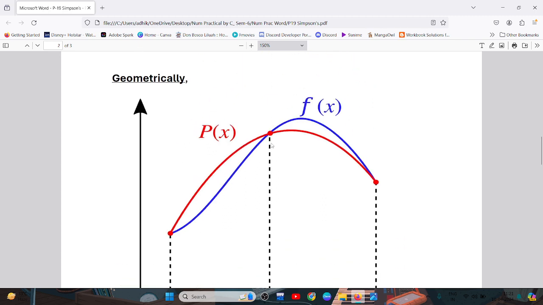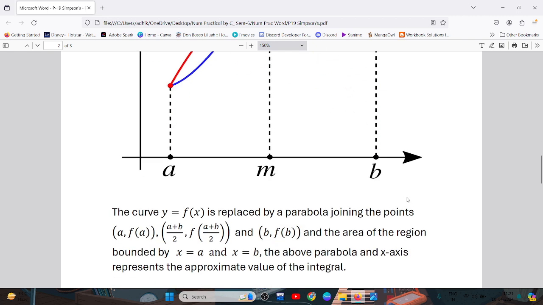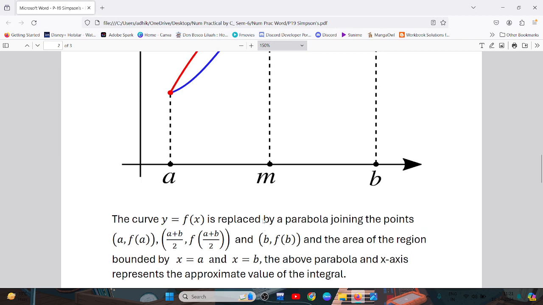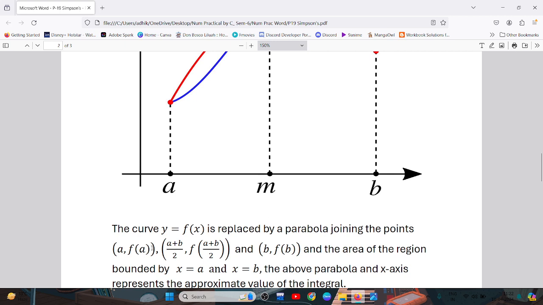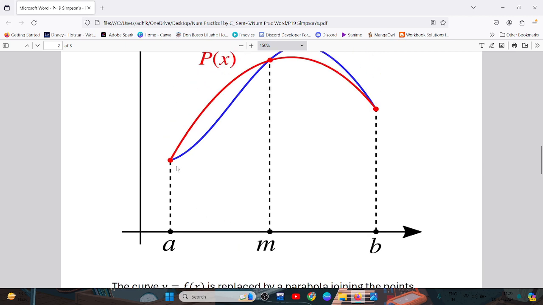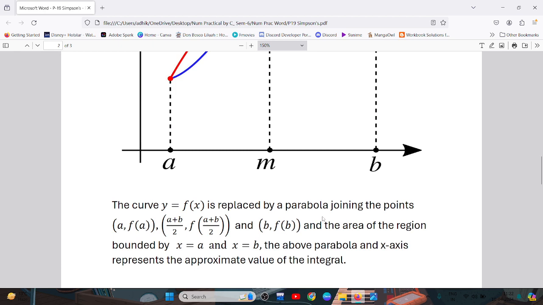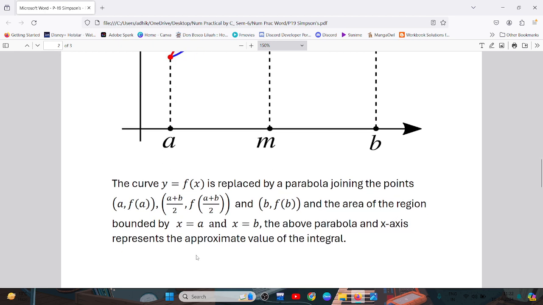Now we draw a parabola, P(x), in red color, passing through these three points. So the curve y = f(x) is replaced by the red parabola P(x) joining the three points, and the area of the region bounded by x = a, x = b, the parabola, and the x-axis represents the approximate value of the integration.